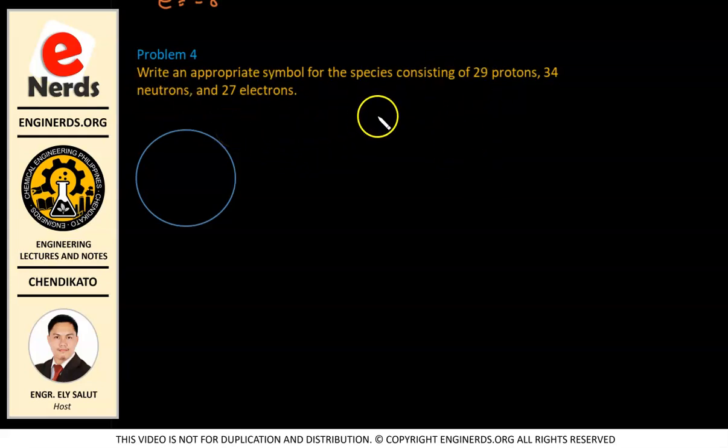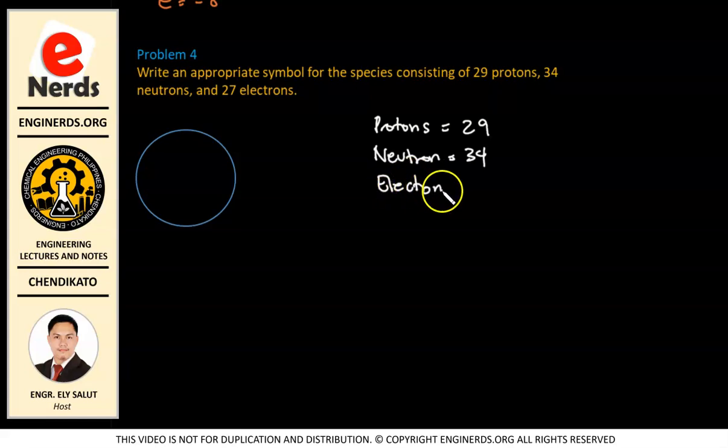Let's say you have protons, which is 29, neutrons, which is 34, and electrons, which is 27.